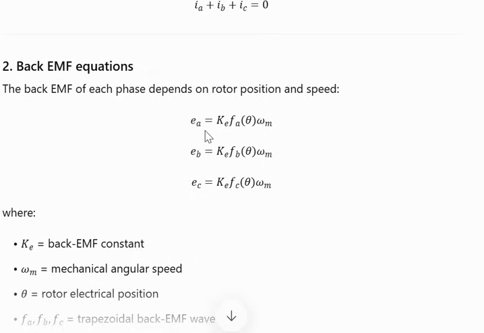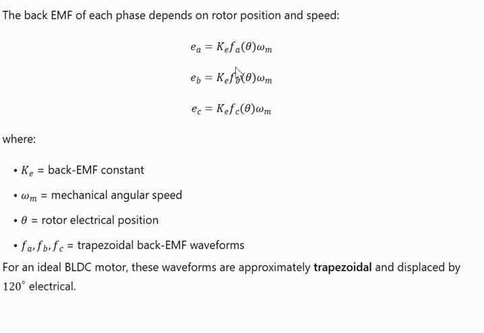Each phase produces the back EMF with the equation KE FA(theta) WM, in which KE is the back EMF constant, WM is the mechanical angular speed, and theta is the position of the rotor. FA, FB, FC indicate the trapezoidal back EMF waveforms.